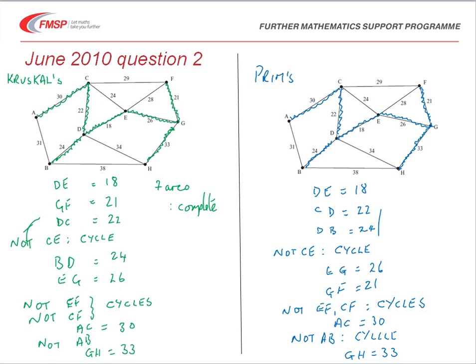The other thing to note is that you don't always get the same minimum spanning tree because they're not necessarily unique. In this particular question, there's only one answer that we can get. However, there are sometimes more than one tree which is a minimum spanning tree for a particular network.